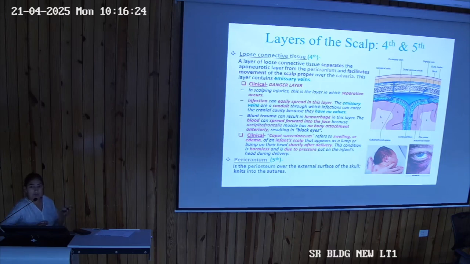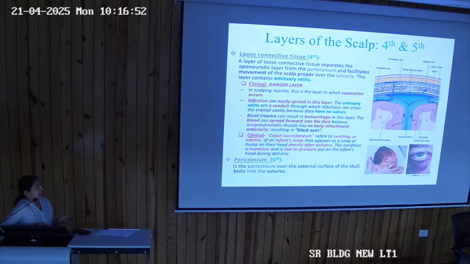It is not bounded up to the frontal area, so it allows all the blood to accumulate around the eye, and this condition is called a black eye.